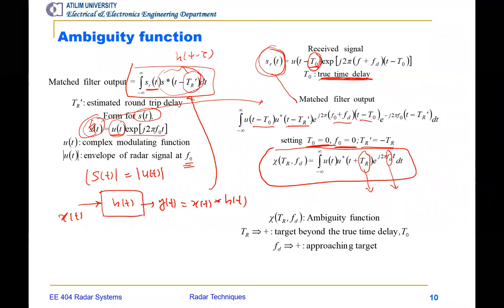If the target is stationary, then we expect that the Doppler shift becomes 0, and then the ambiguity function will be simpler. As we remember from Doppler space, if the Doppler shift is positive, it means that the target is approaching. If it is negative, it's receding, it's going away.